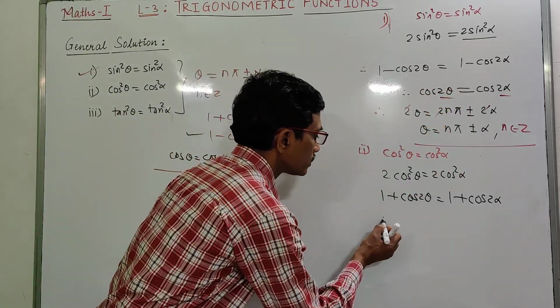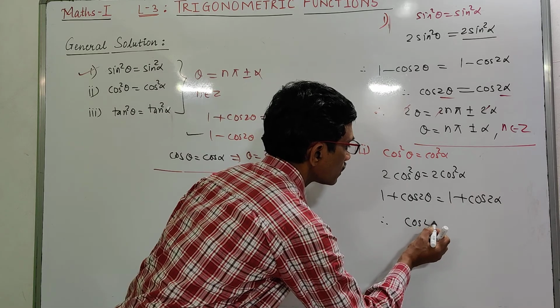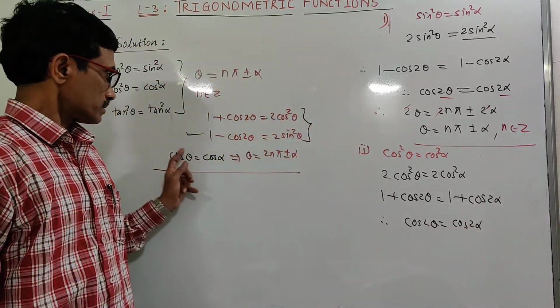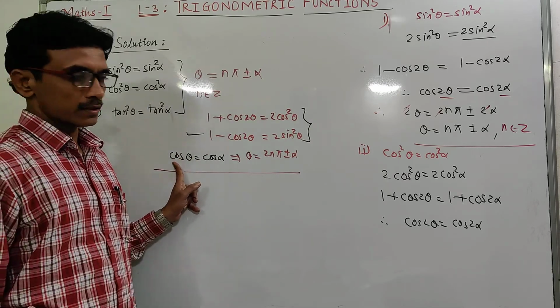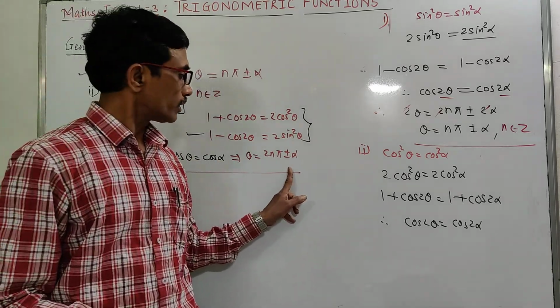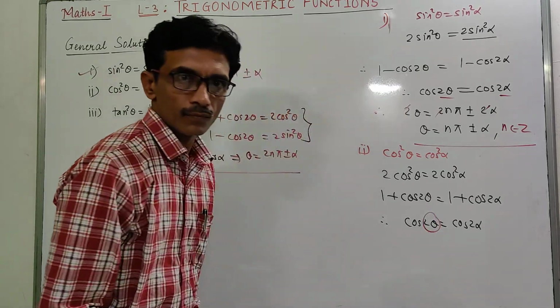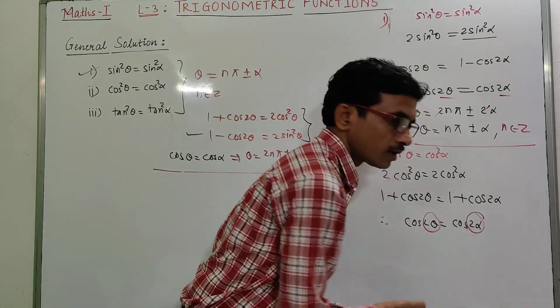So cos 2 theta is equal to cos 2 alpha. And we apply the same, that cos theta is equal to cos alpha gives theta equals 2n pi plus minus alpha. So in place of theta there is 2 theta, and in place of alpha there is 2 alpha.